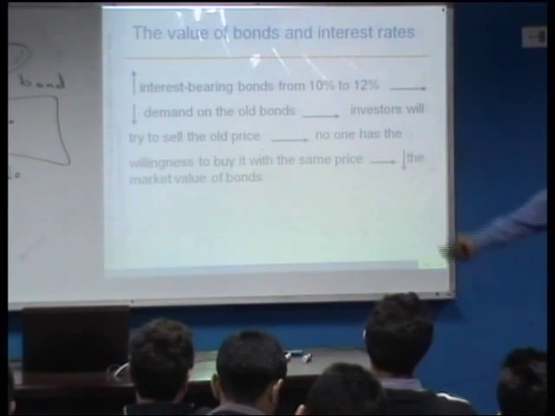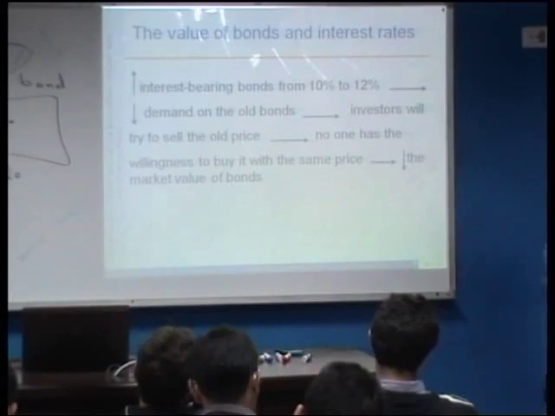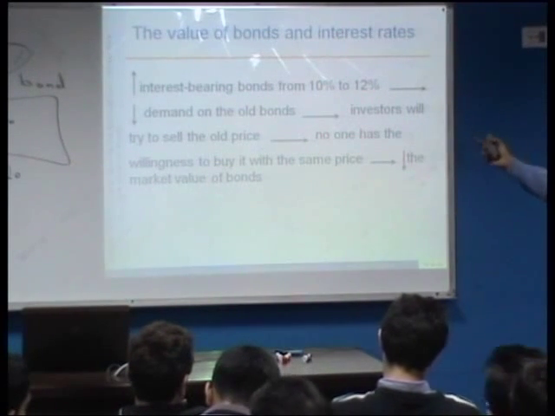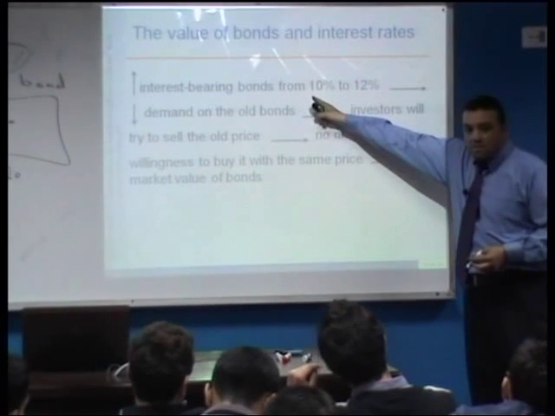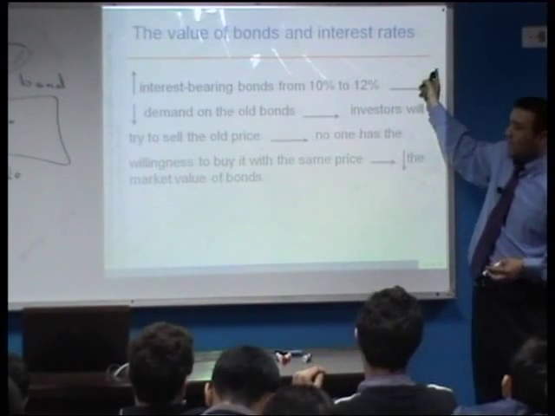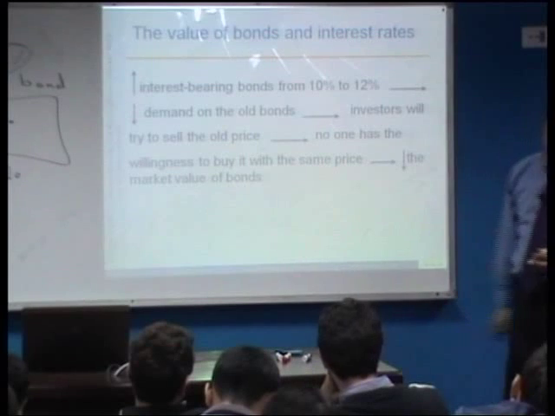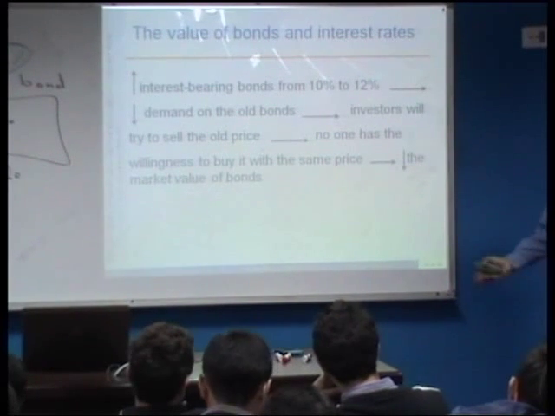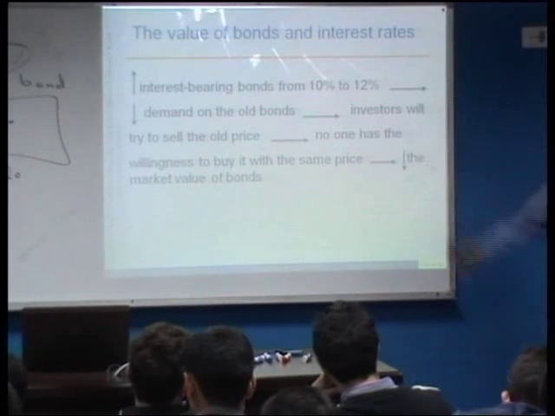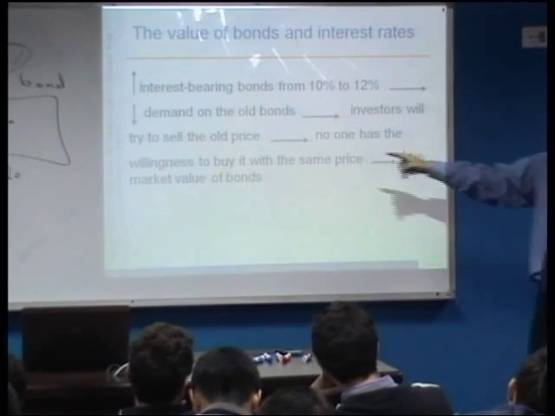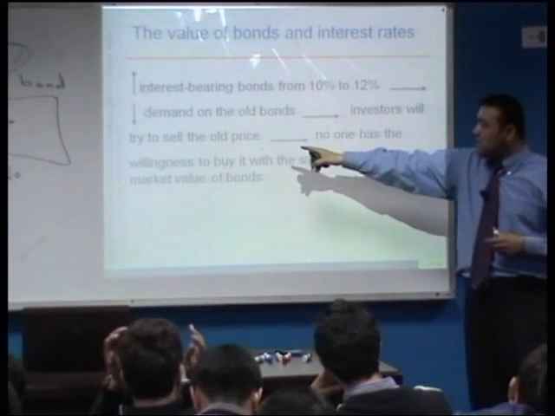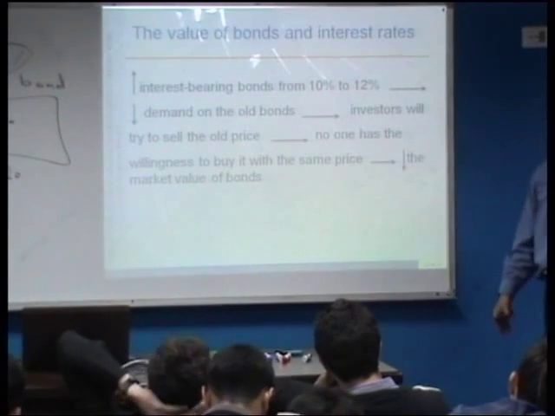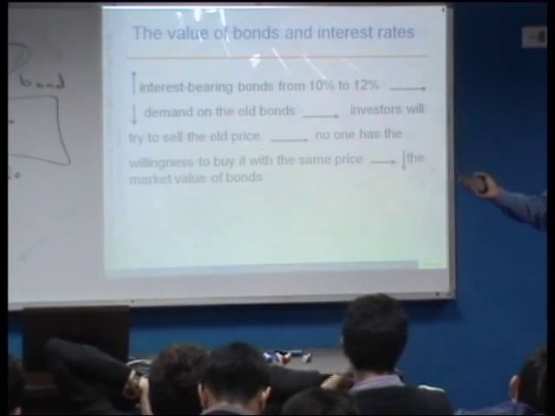Here's the idea. So as you see in this chart, the interest-bearing bonds increased from 10% to 12%, leading to what? To a reduction or a decrease in the demand for the old bonds. صح? The demand for the old bonds would decline, and the investors will try to sell the old bonds at the same price, but they can't.